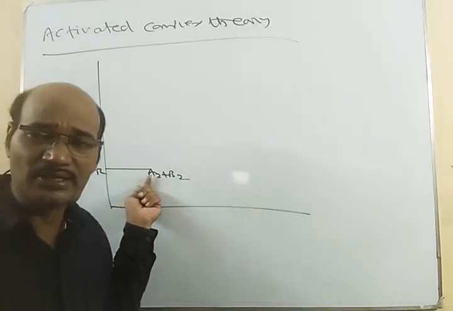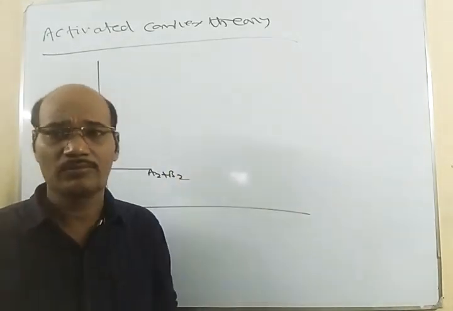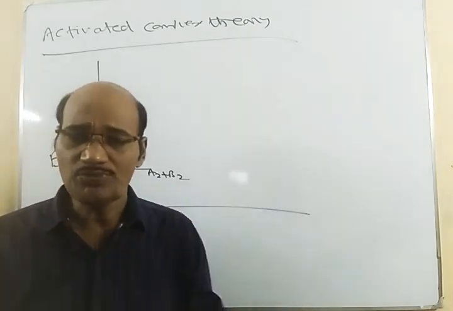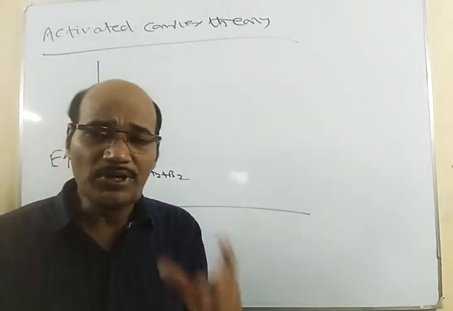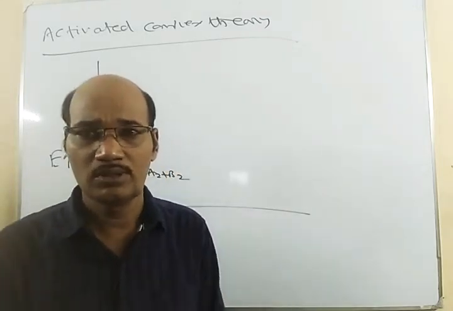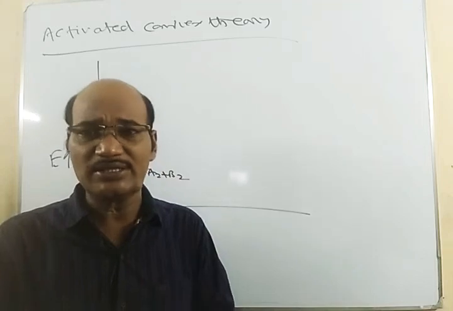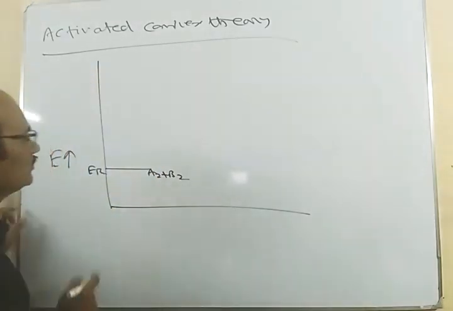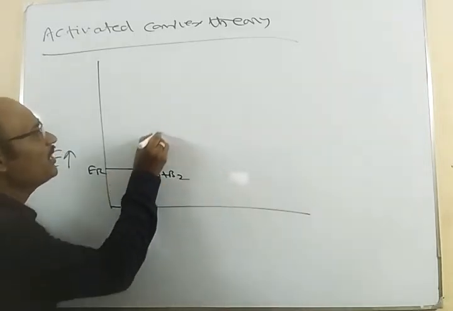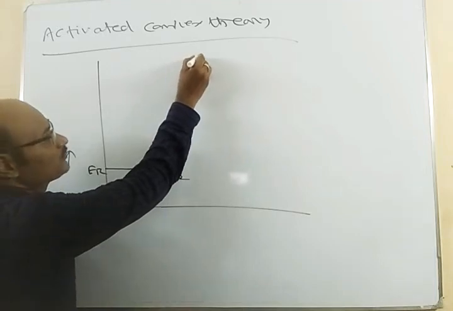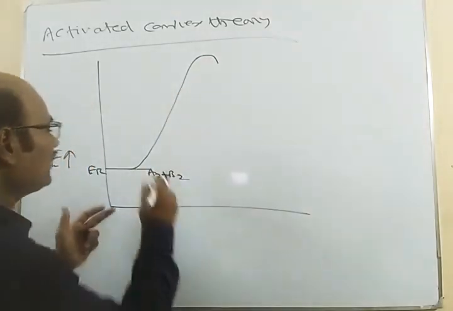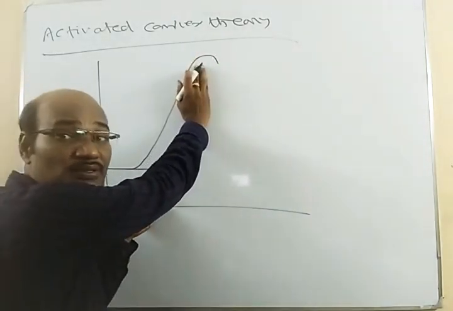The reactants are at the normal kinetic energy state. So in that energy state, they are not able to give effective collision. So we are supplying an extra amount of energy to the reacting molecules. Now when we supply the energy to the reacting molecules, the energy of the reactant molecules is increasing, and they reach a particular stage at the top. Now when they reach this stage, the reacting molecules have the highest energy.